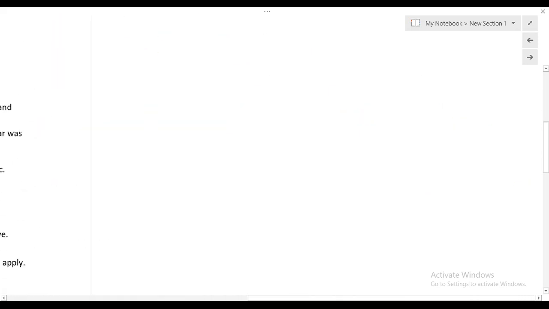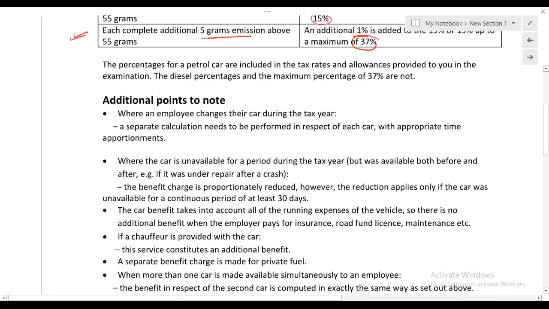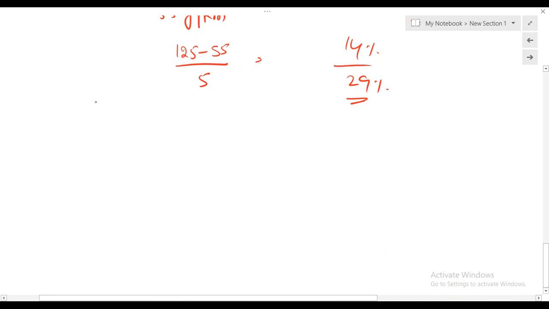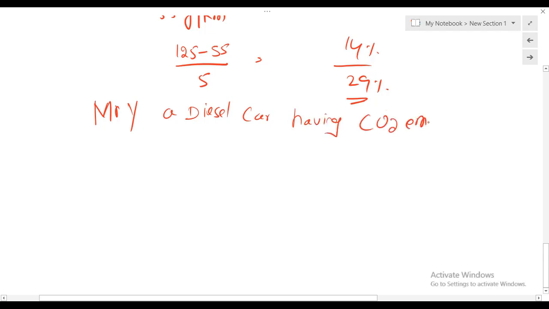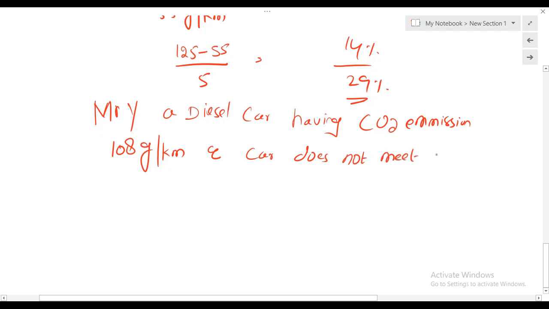Let me give you another example. Let me take Mr. Y. Let's say Mr. Y is being given a diesel car having CO2 emission, let's say, 108 grams per kilometer, and the car does not meet the RDE2 standard.